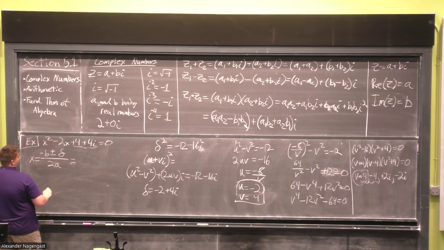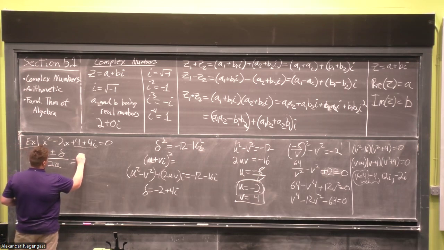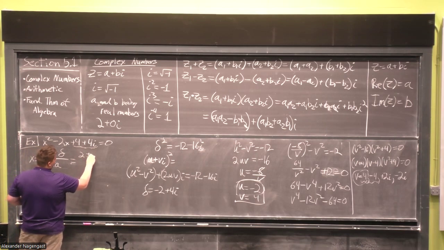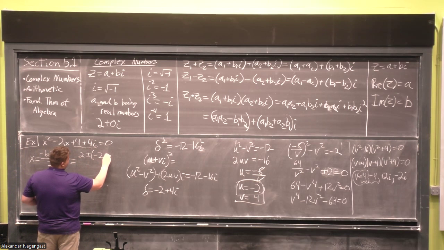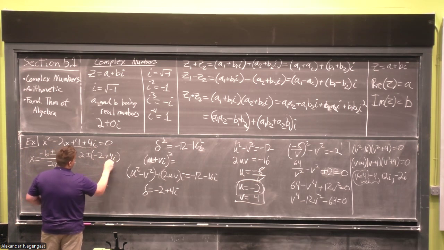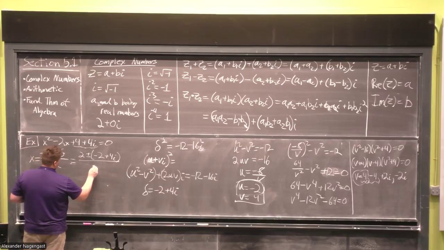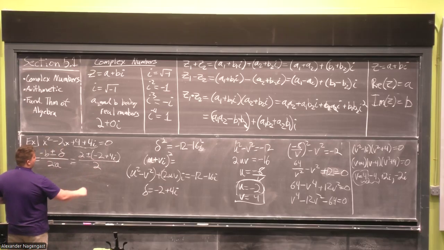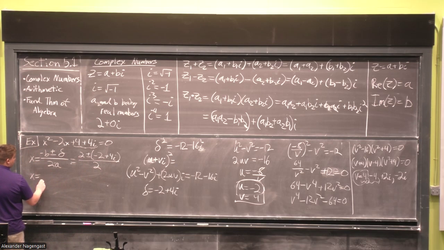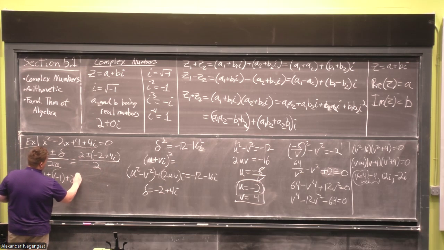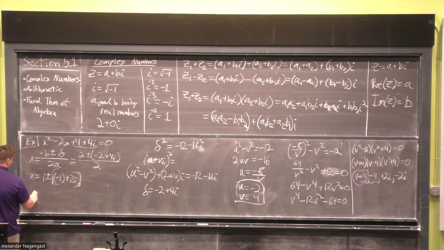We found our delta, so we're going to have 2 plus or minus negative 2 plus 4i all over, and now we plug in 1 for a, so we're going to put a 2 here. Let's divide, so we have x is equal to 1 plus or minus negative 1 plus 2i.